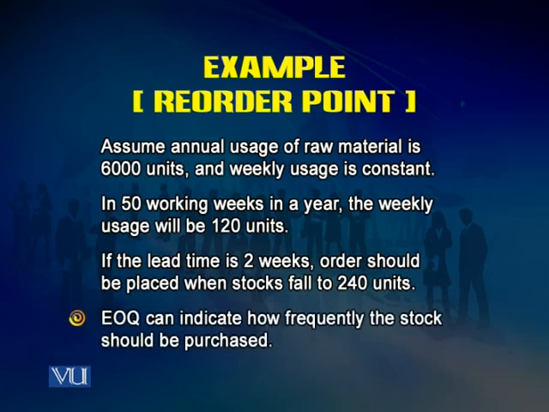EOQ can indicate how frequently the stock should be purchased. One other use of EOQ is to establish the reorder point. This example shows that there is annual usage of 6,000 over a working year of 50 weeks.